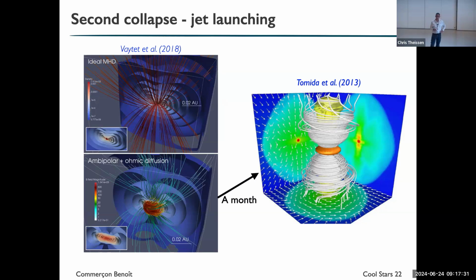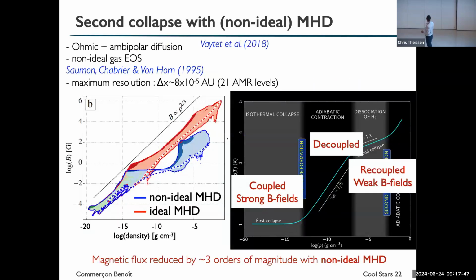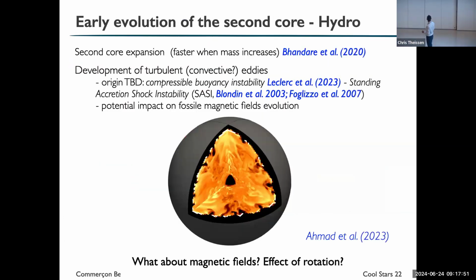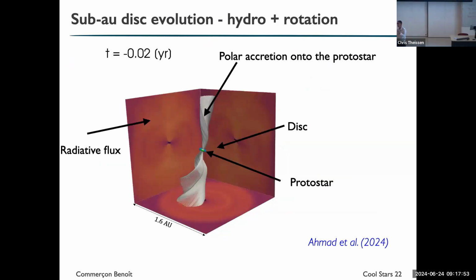Okay, thank you. So the question is about the disk forming around the second core and the first core. Do they form independently, and will they merge eventually? And what will be the interaction between the two disks? So it's ongoing work. In the paper by Ahmad 2024, he has done a kind of parameter study, and he showed that depending on the lifetime of the first core, the two disks can form independently or not.